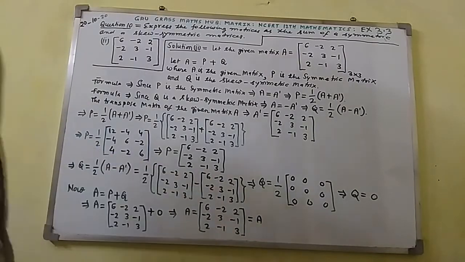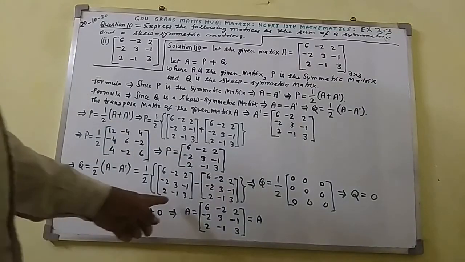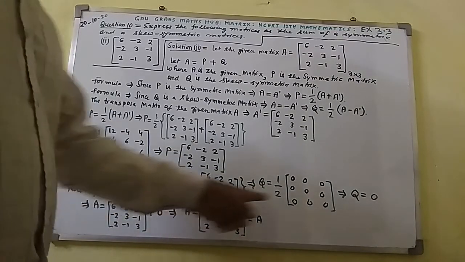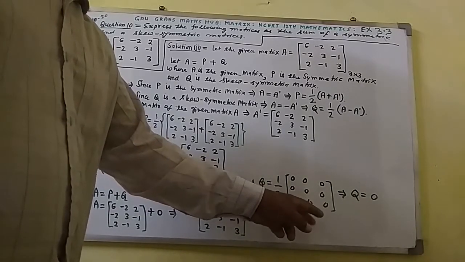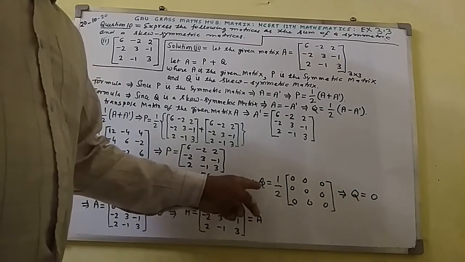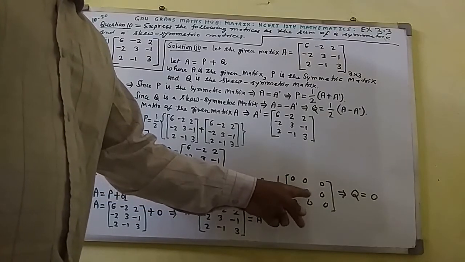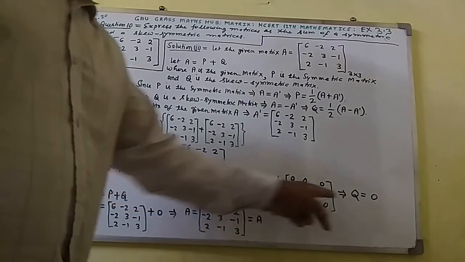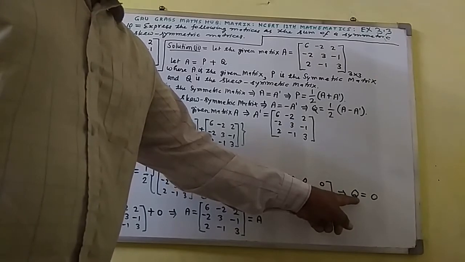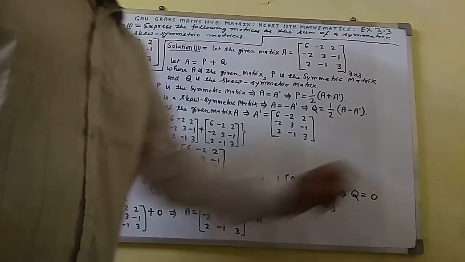This one will be subtracted to get the null matrix. So 1 over 2 times the null matrix, each element is 0. On multiplying, you get the skew symmetric matrix Q, and its value we have got here is 0.